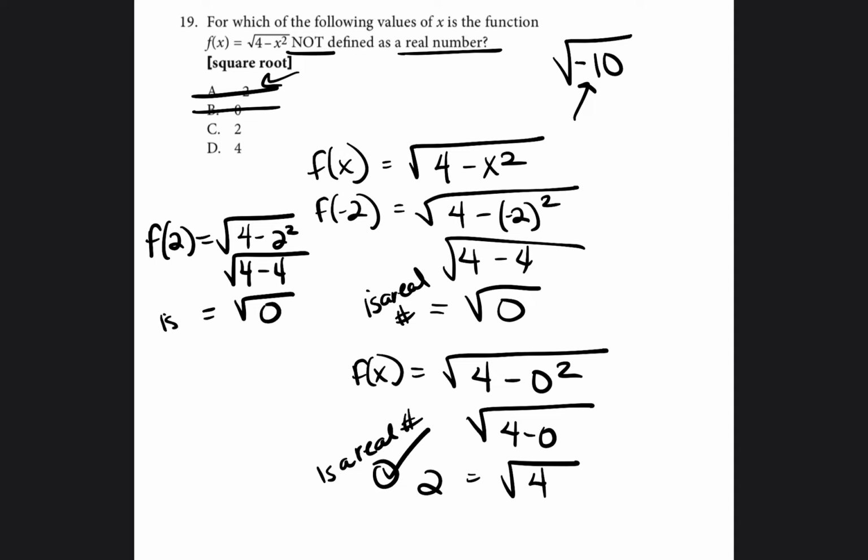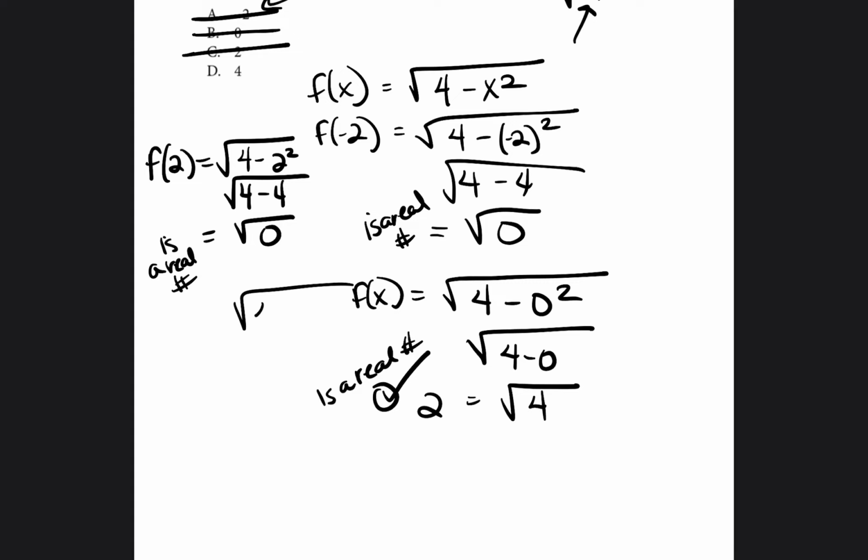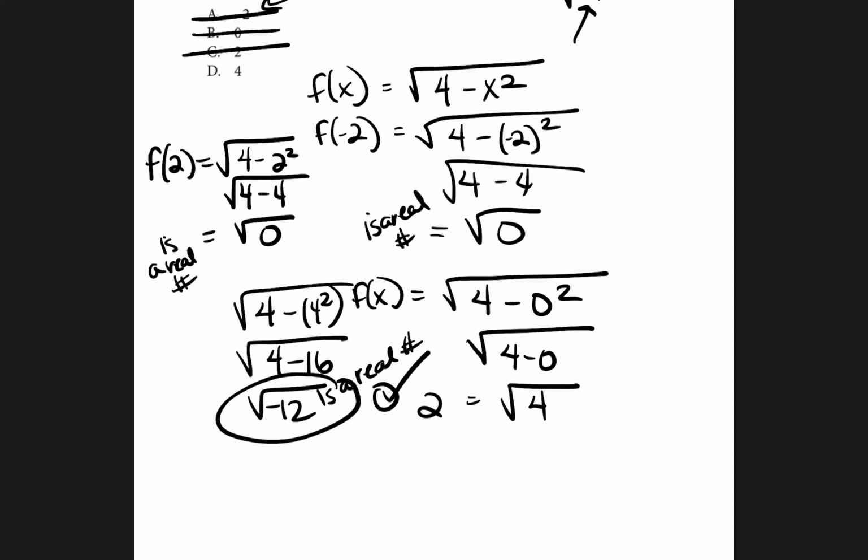That is a real number. So it must be 4. Let's check that out. 4 minus 4 squared. 4 minus 16, negative 12. Square root of a negative is not a real number. So my answer is going to be D.